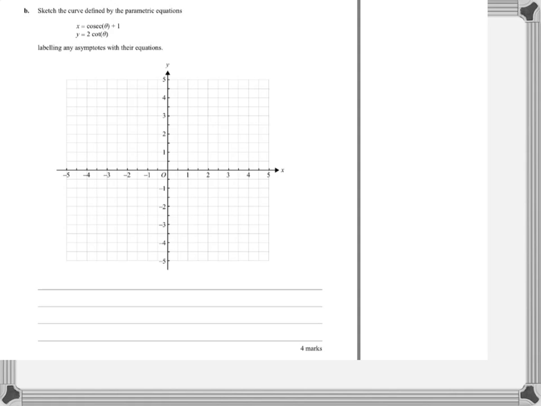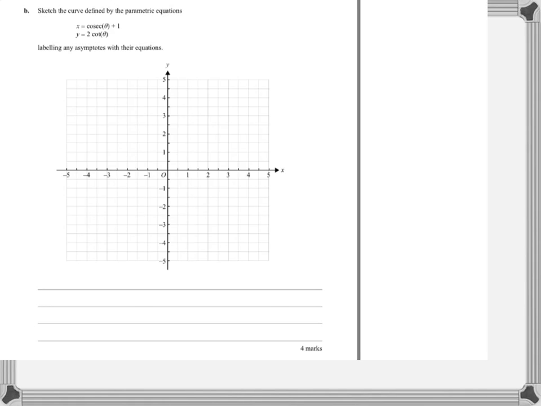Okay, next we are going to sketch the curve defined by the parametric equations. Now from part A we got the Cartesian equation, and we're going to use it because it is in terms of x and y. Very important.